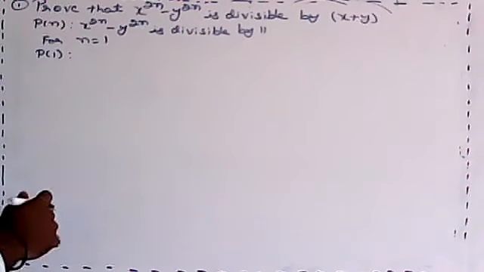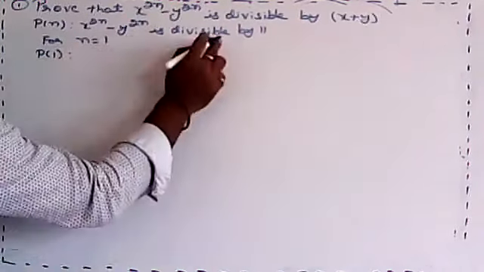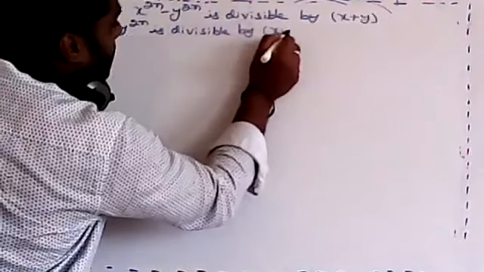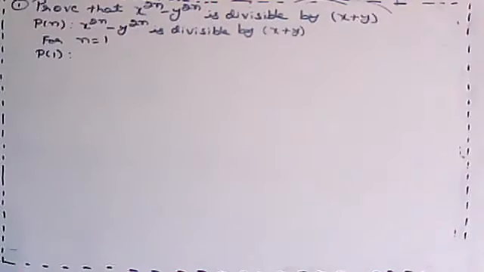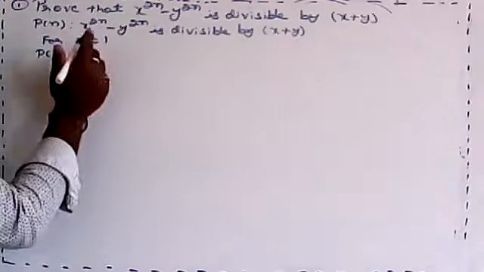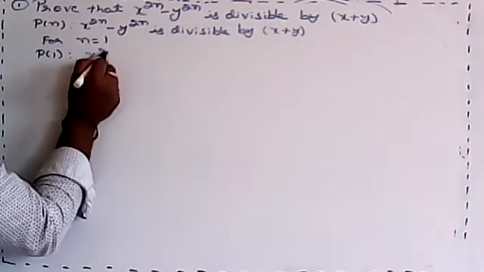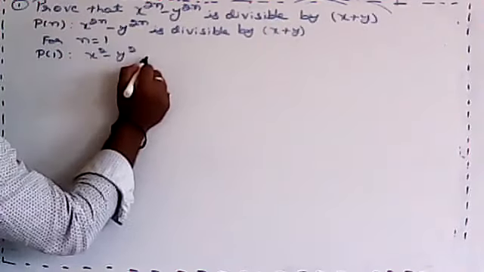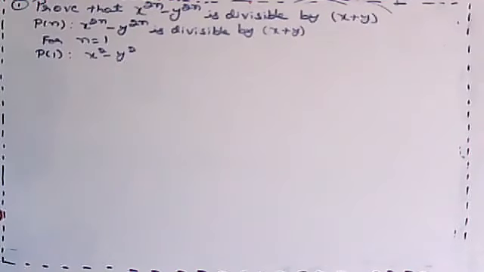Okay. So then you put n equal to 1. If I put n equal to 1, what answer do you get here? x square minus y square is divisible by x plus y or not?